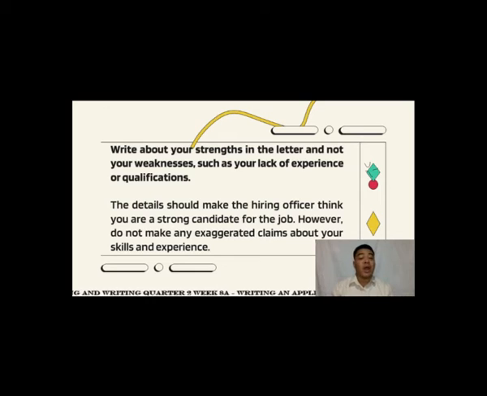That is why on our example previously given, we said, "Although I am a recent graduate of the senior high school level, I possess a national certificate for my exemplary skills and techniques in welding." Okay? So you should balance it and further highlight your skills, your experience, or your strengths.